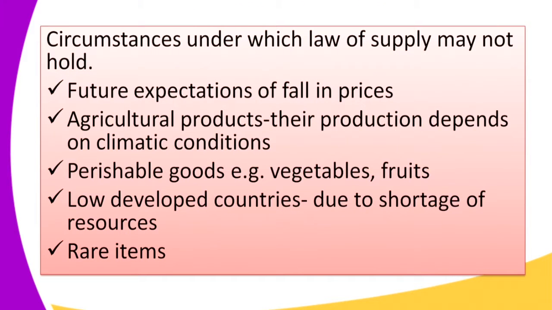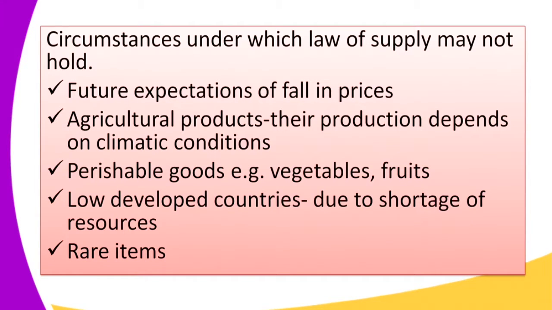I left you with a question. You're supposed to give circumstances under which the law of supply may not hold. Remember, the law of supply states that an increase in price increases supply, decrease in price decreases supply. So you find that in some occasions that may not hold, and the circumstances under which the law of supply may not hold is one, future expectation of fall in prices.